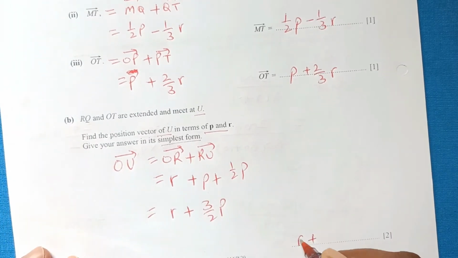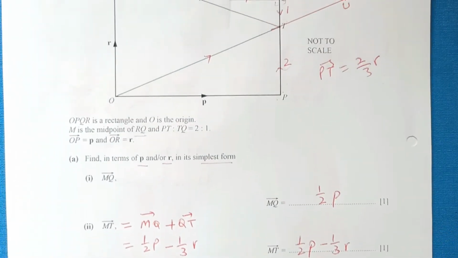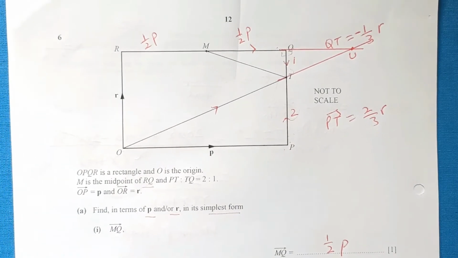So the resultant vector is r plus 3 over 2 p. This is how you can figure it out. That's it for question number 6.